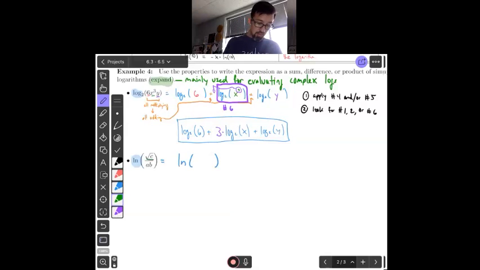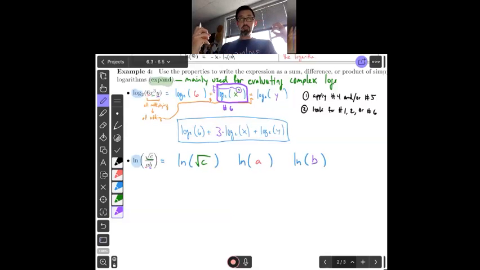Here I have a C, I have an A, and I have a B. So I have a natural log of the square root of C. I'm going to have a natural log of A, and I'm going to have a natural log of B. So they all got pulled apart.